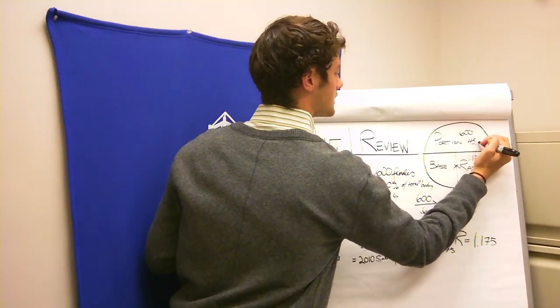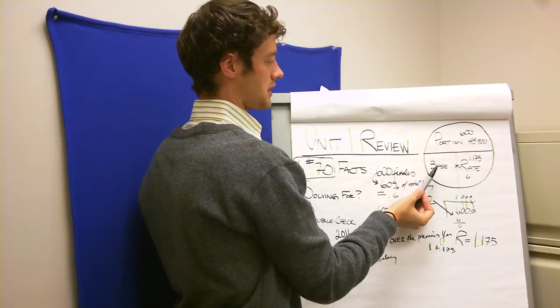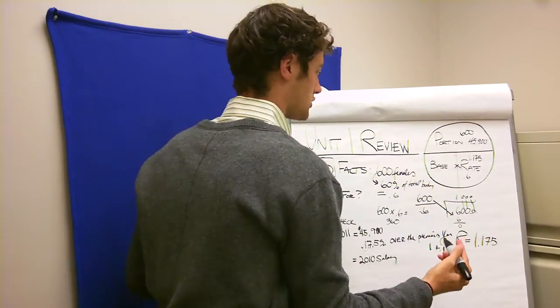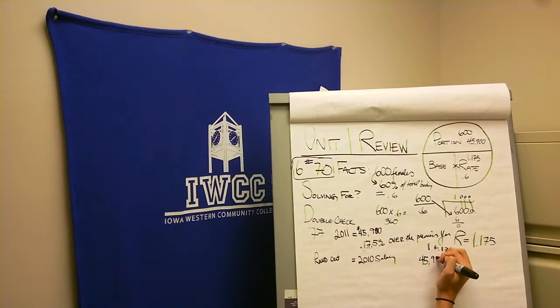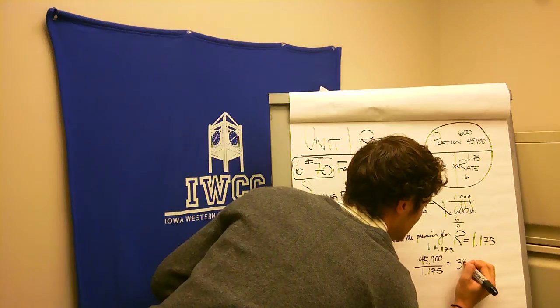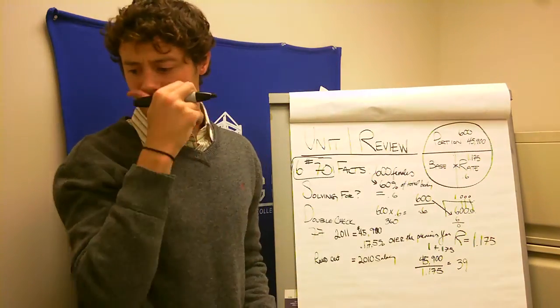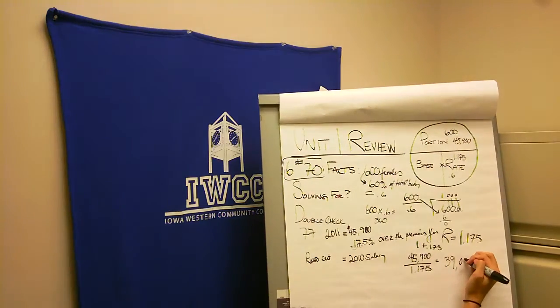So from deducting, I know that my 45,900 is going to be my portion, because it's going to be larger than my base. So we're solving for base. So what I do is 45,900 divided by 1.175, and after doing the math, it comes out to about 39,063 and some change.